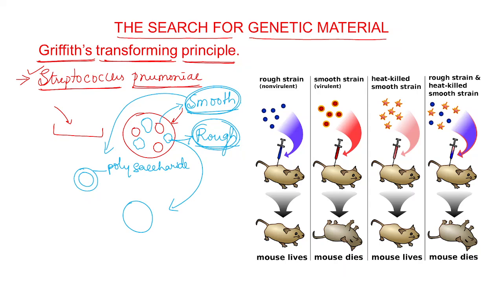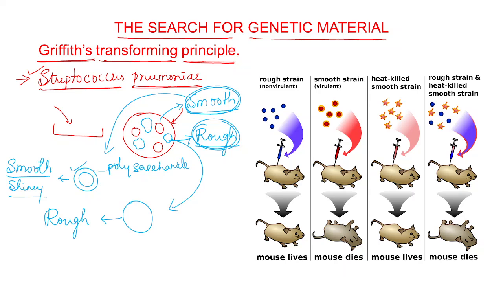Due to the presence of the polysaccharide coat, they were smooth and shiny in nature. In the other one, there was no polysaccharide coat. That is why it appeared rough in nature.